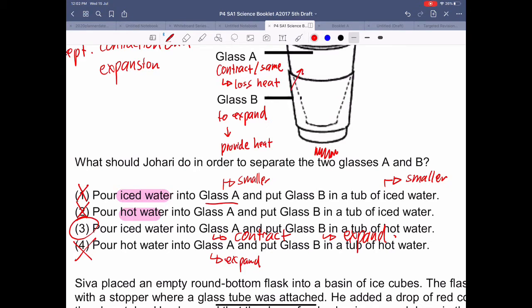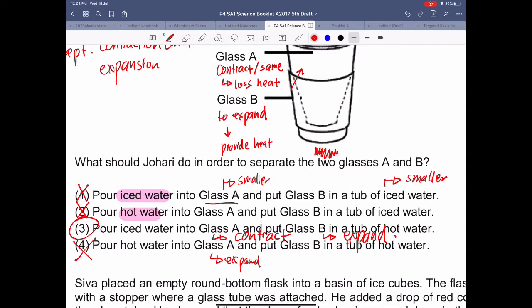Then A will also expand. So sometimes the expansion can be so fast because the glass wall is very thin. Unless you're telling me the glass wall is very thick, then maybe you can just heat up glass B without causing glass A to gain heat and expand at the same time.